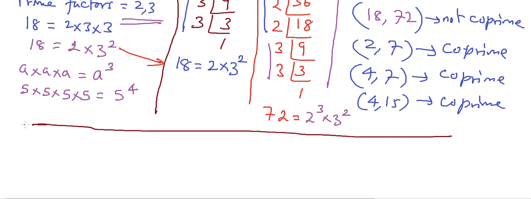So if the two numbers are co-prime numbers, like any of these, let's say 4 and 15, or 2 and 7, or 4 and 7. The HCF of 4 and 15: if they are co-prime numbers, that means they don't have any common prime factor. That means HCF is 1.